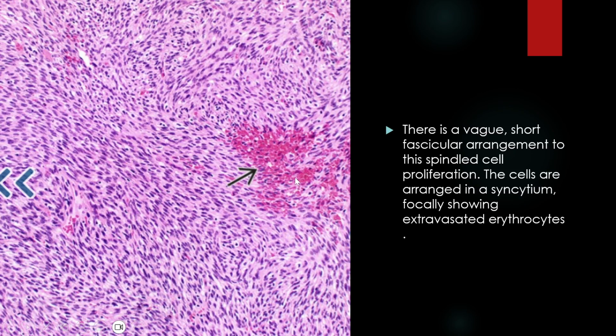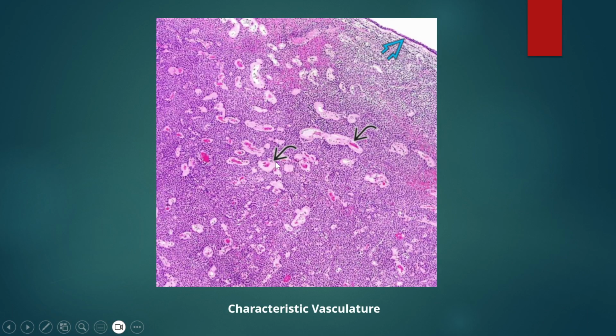And extracellular red blood cell, this spindle cell forming kind of like vesicle structure. And then this is the characteristic hyalinized blood vessel wall. You won't see this vessel in nasopharyngeal angiofibroma, but sometimes you will see this vessel in solitary fibrous tumor.